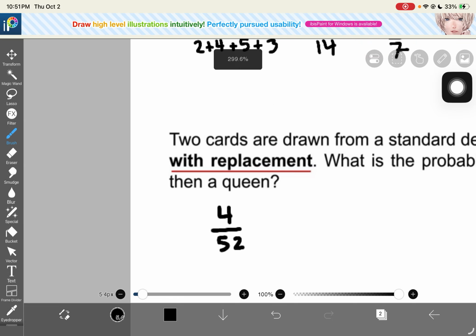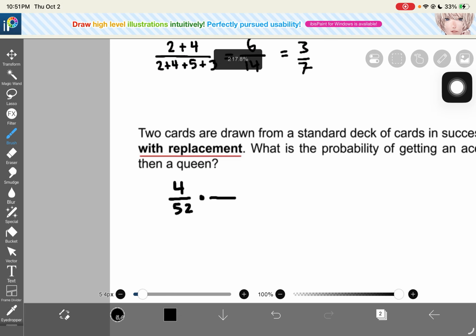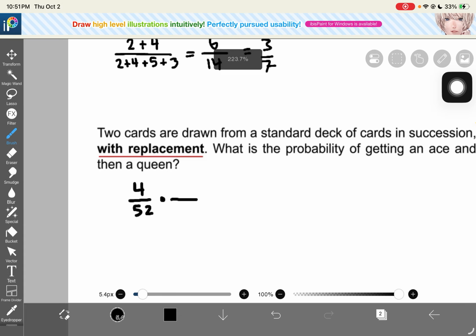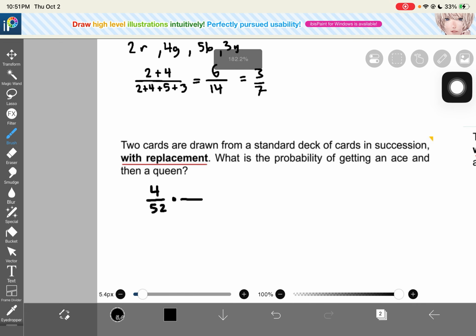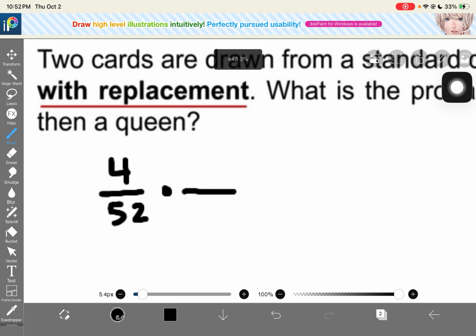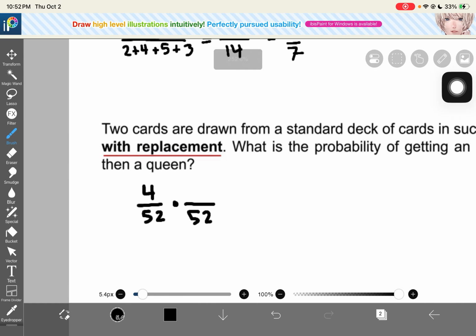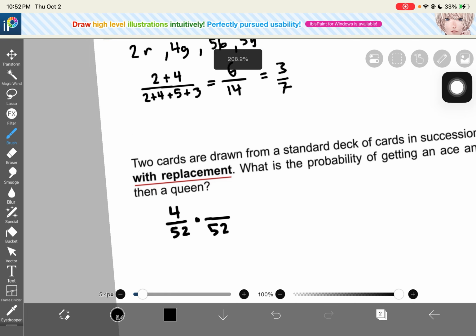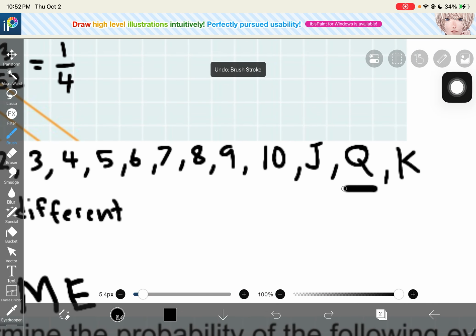Now, the formula for this one is to times it. So times, what's the next probability? And then a queen. So once we draw the ace, we put it back. So there's still 52 cards in the deck. So 52, because we put the ace back. And now we need a queen. And a queen is just as likely as an ace because it's one of the 13 types over here.